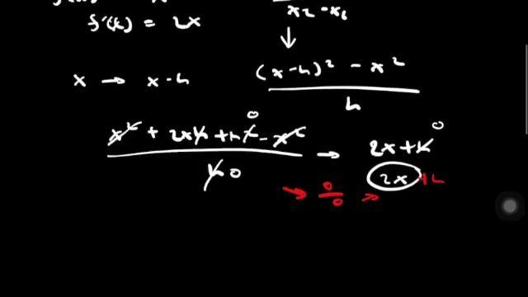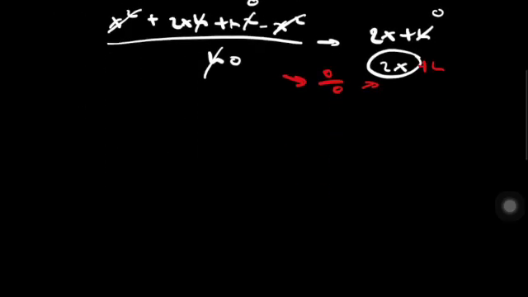So in order for mathematicians to protect this, they come up with this definition here, and that is calling h infinitely small. They coined the term for this as an infinitesimal.